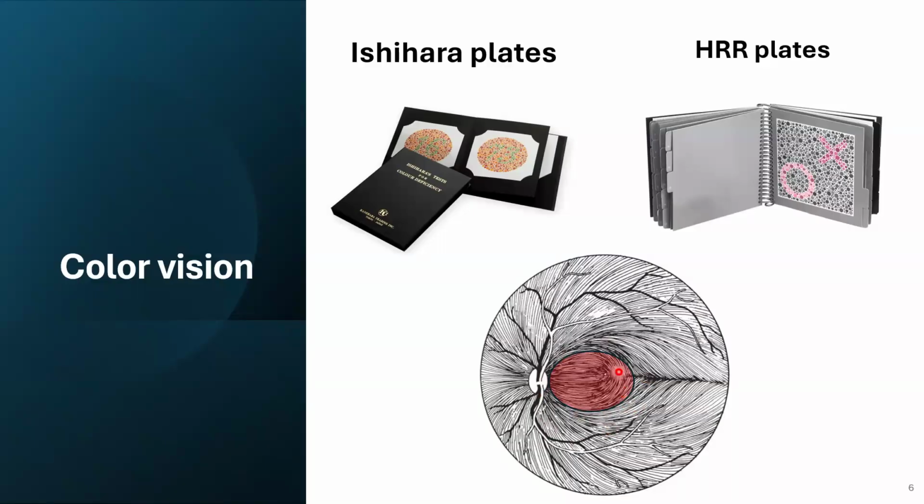So any disease affecting this area, the center of the macula, or the temporal part of the optic nerve can cause decreased vision. Macular conditions like macular dystrophy or diseases of the optic nerve affecting the temporal area, like optic neuritis, hereditary optic neuropathy, toxic, can cause this decreased color vision out of proportion to the decreased visual acuity. You can test it by the Ishihara plate or the HRR plate. They are available in most ophthalmology clinics.